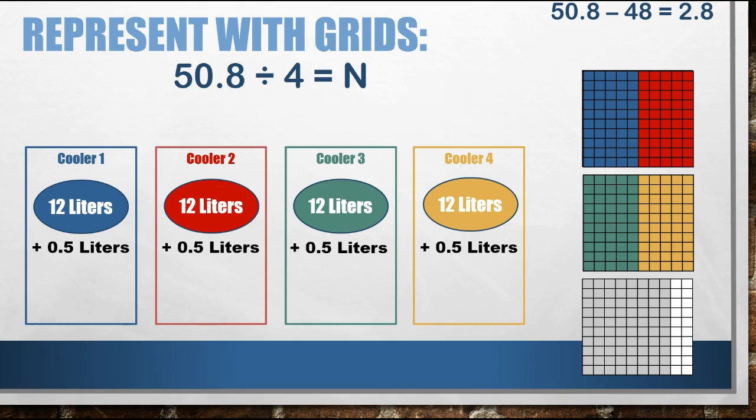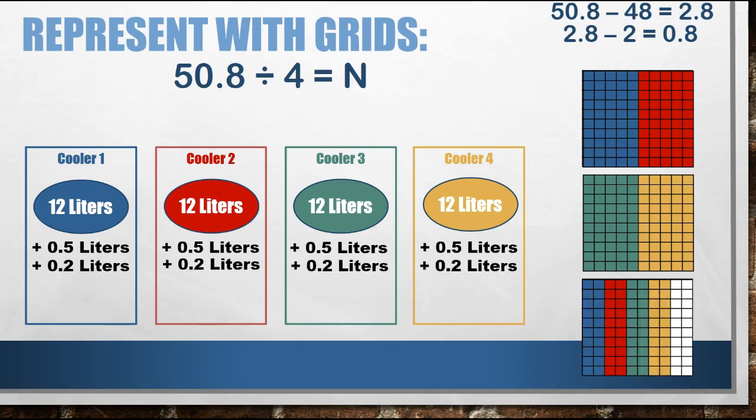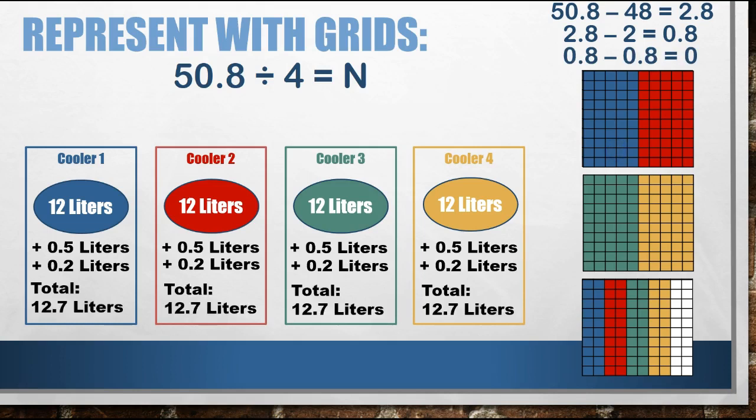Now we have used 2 of the 2 8/10 liters, so we have 8/10 liter left. 8/10 shared equally by 4 coolers is 2/10 each. Now all of the punch has been shared equally between the 4 coolers.